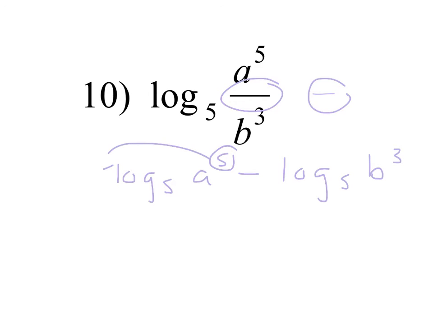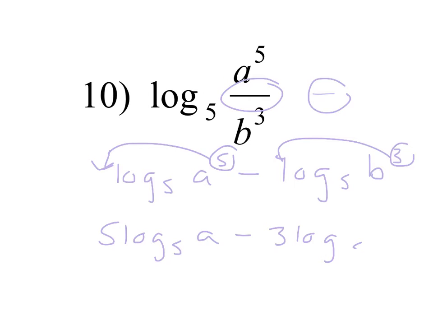Now we just need to take our powers and move it to the front. So we have 5 log base 5 of a minus 3 log base 5 of b. Any questions here?